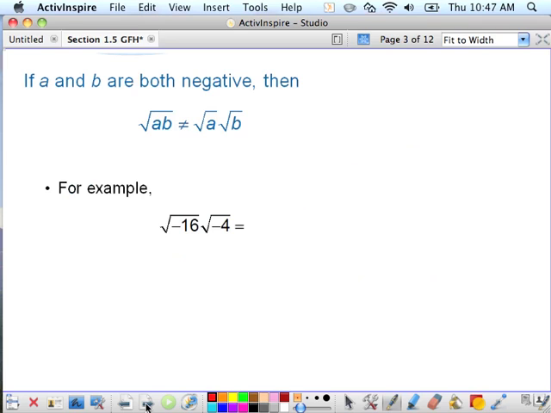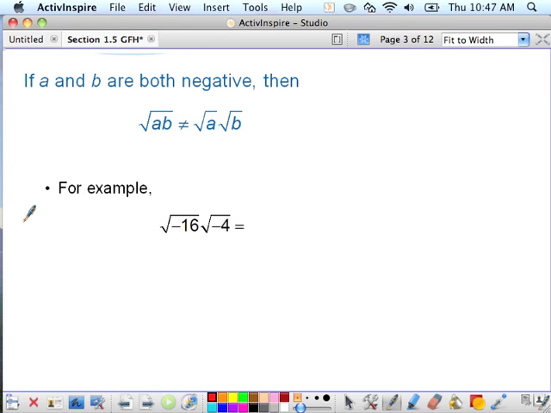Now, here's the problem a lot of people have trouble with. If a and b are both negative, then the square root of ab is not the same thing as the square root of a times the square root of b. Now, the way that's written is said a little funny. I think it makes more sense to people if they look at the example down here. Right here, it says the square root of -16 times the square root of -4.